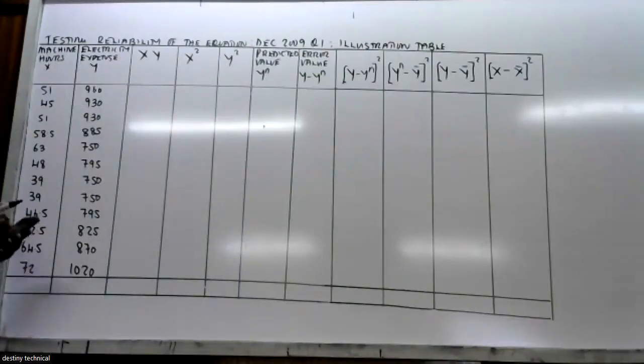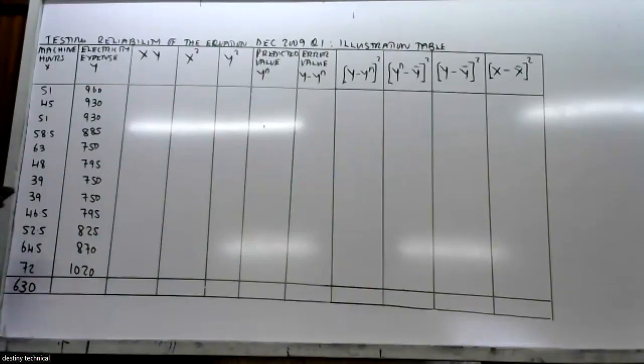Okay, so 51 plus 45 plus. Are you through up to that point? Yes, I'm through. Let's calculate this first column. Plus 51 plus 58.5 plus 63 plus 48 plus 39 plus 39 plus 46.5 plus 52.5 plus 64.5 plus 72 equals 630.